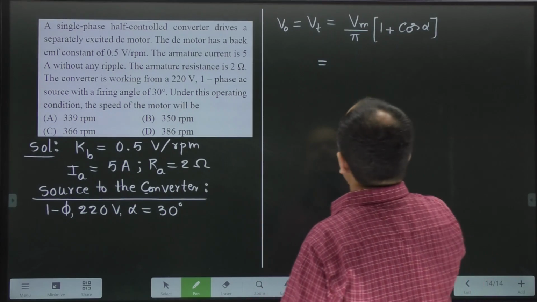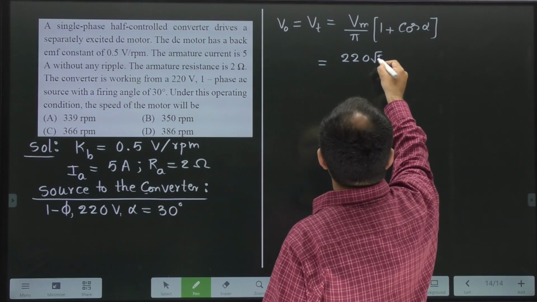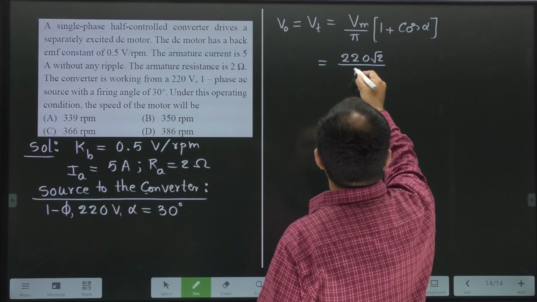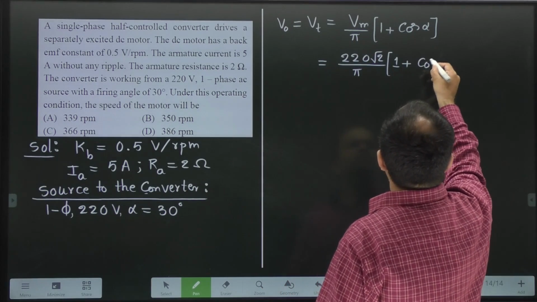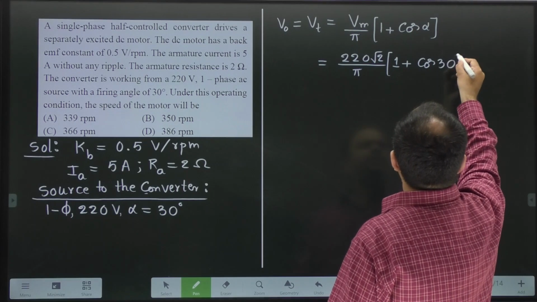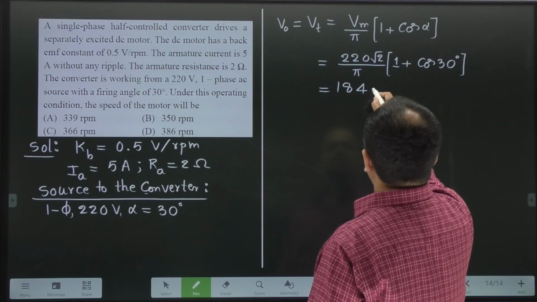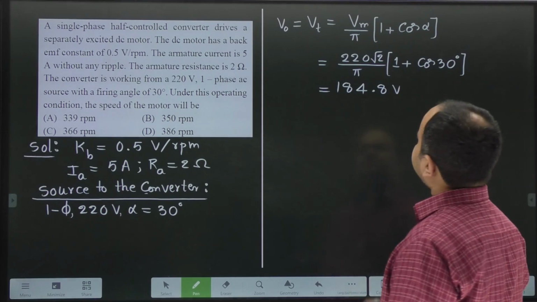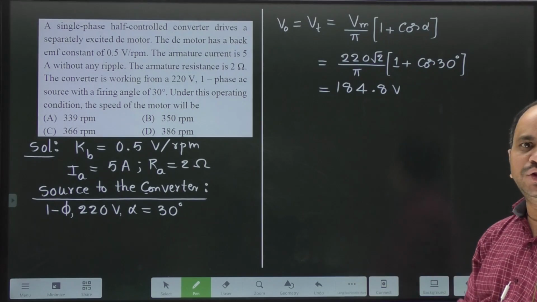So what is Vm here? 220 into root 2 divided by pi into 1 plus cos alpha, this voltage is 184.8 volt. So this is the terminal voltage given to the motor.